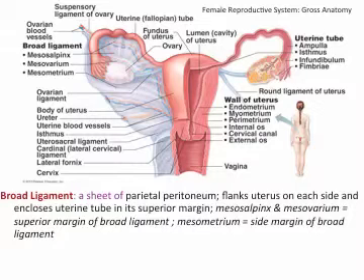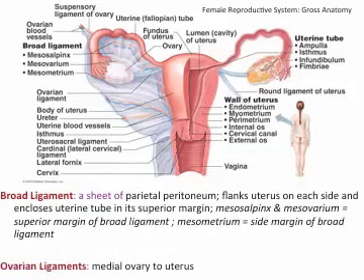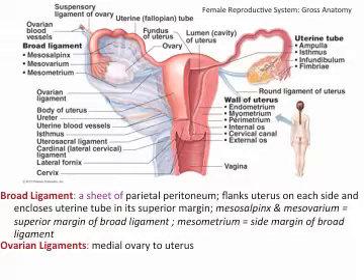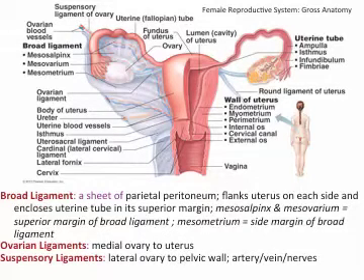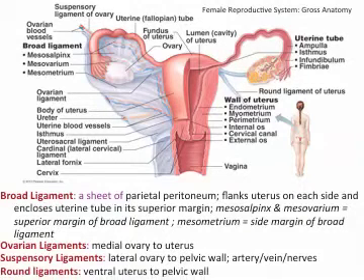At the superior margin of the broad ligament are the mesosalpinx and mesovarium, so you can see that in the superior part. And then the mesometrium is on the side part of the broad ligament. And then we said the ovarian ligament takes the medial part of the ovary to the uterus, and the suspensory ligaments take the lateral part of the ovary to the pelvic wall.